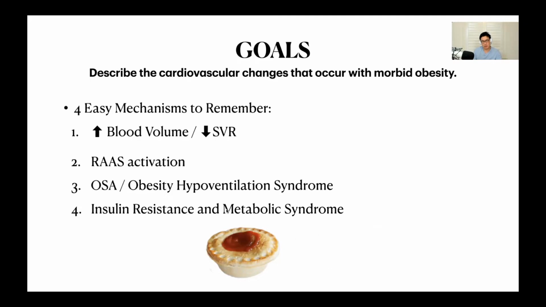I'll expand on that as well. I've got a pie at the end here, and that is really an expansion of this idea of insulin resistance and its associated disease, the metabolic syndrome, because that's when we're going to introduce the other key concepts, which is atherogenic dyslipidemia.